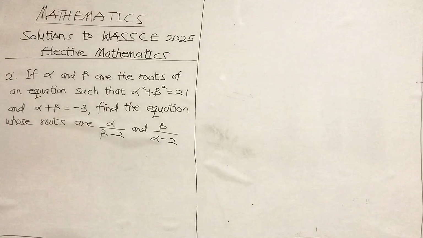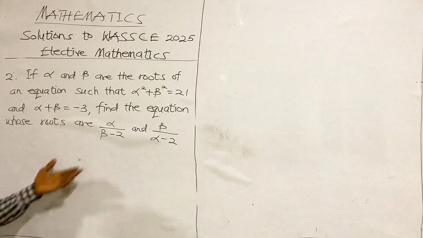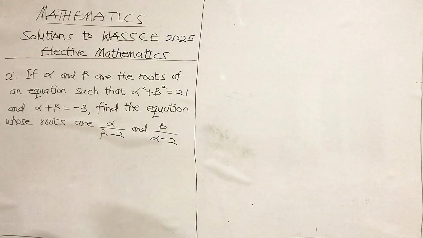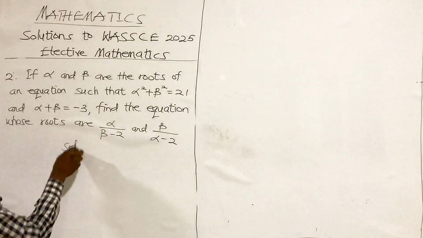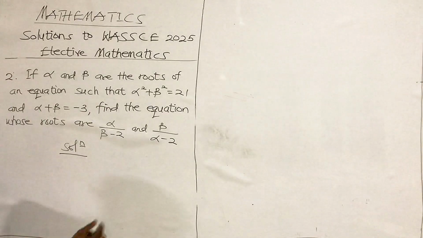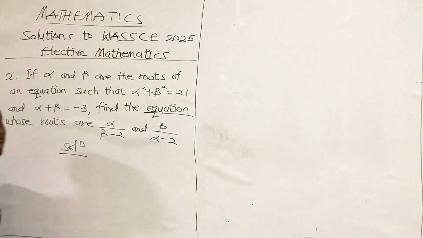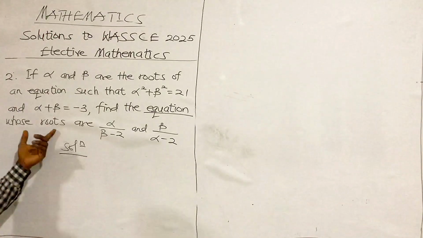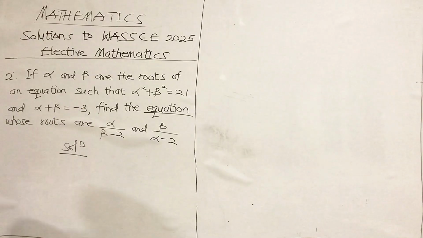So this was the compulsory question 2. Let's see how we are going to deal with this question quickly. The question is saying to find the equation, and we have a general form for finding an equation where roots are given.